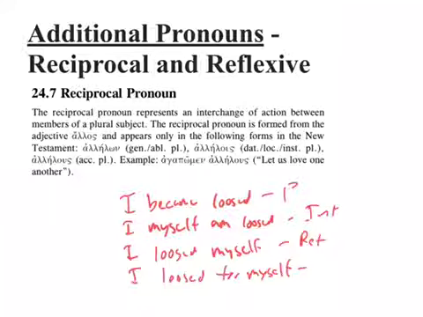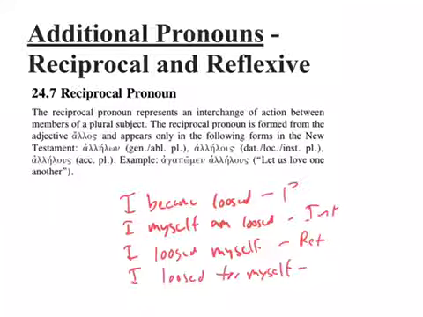Anyway, because the middle voice can be pretty ambiguous, in other words, you don't really know without context, sometimes the author will want to make it clear. And how they make it clear is by using the reciprocal and reflexive pronouns.